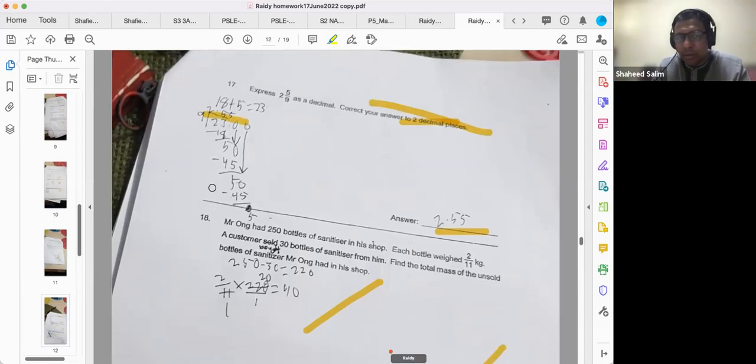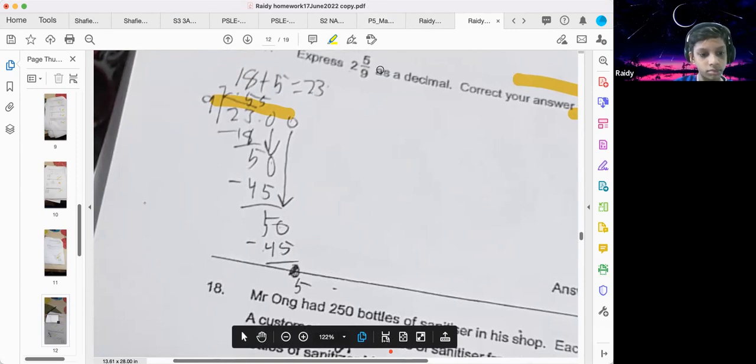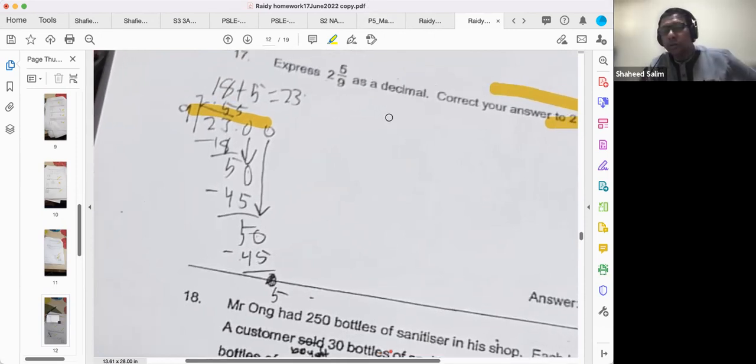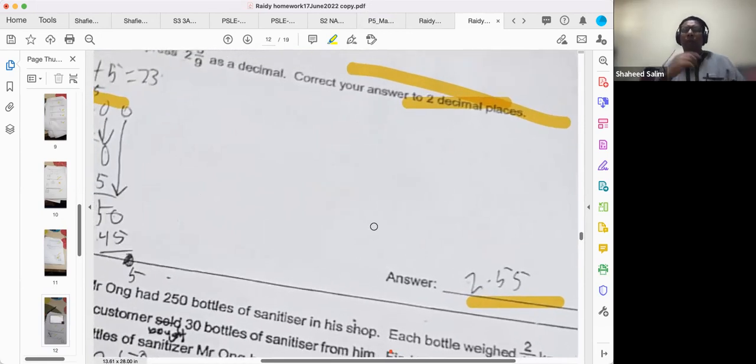So let's say we continue this one. So divide by 5, bring down the 0. Then what is the next number? Yes. So you get the answer 256. I know it's slightly different, just 1, but you have to do 3 decimal places to round off. Okay, you get it, huh? That's why we have to make sure you do well first.